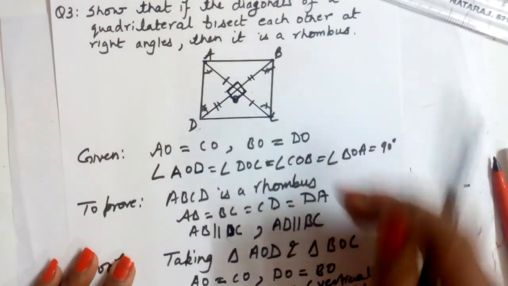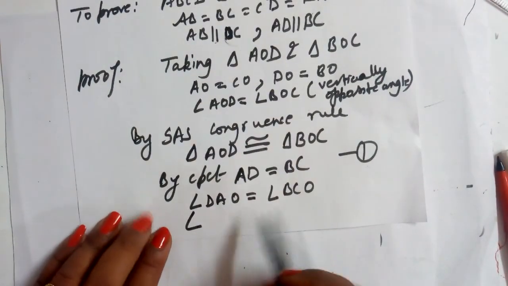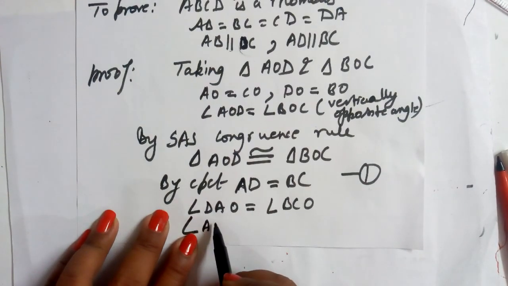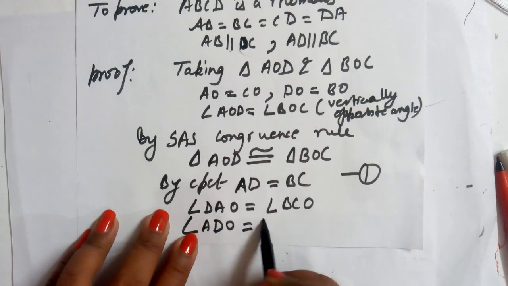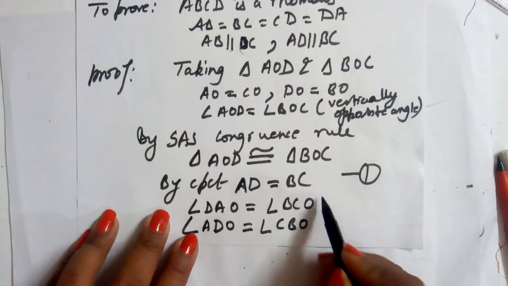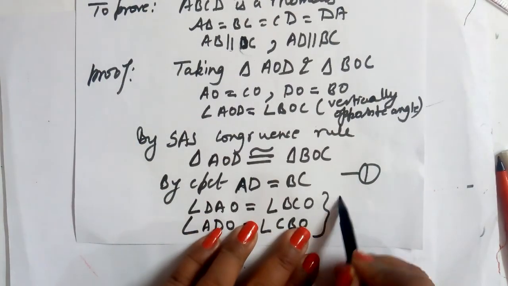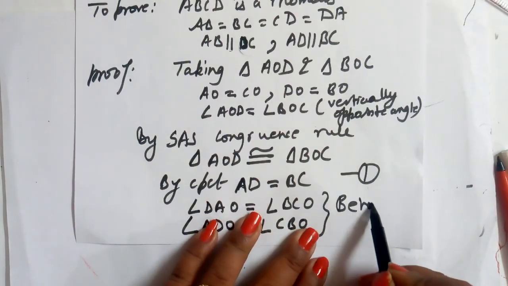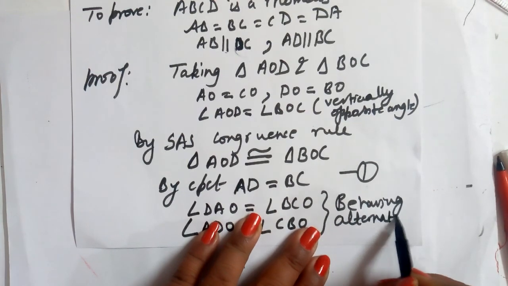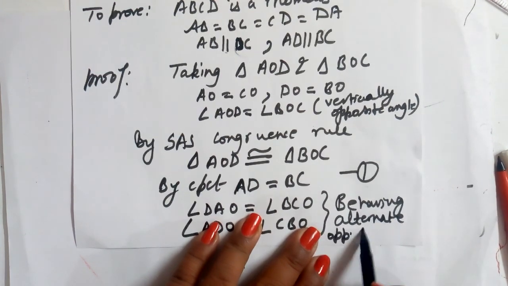Okay, this angle is equal to this angle, and angle ADO is equal to angle CBO, and these two are behaving as alternate opposite angles.